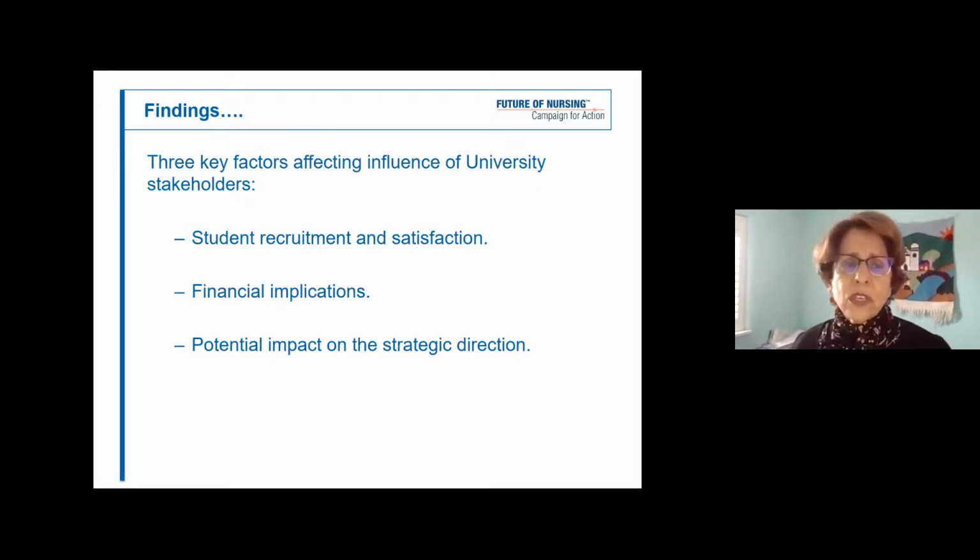And then there's also what is the impact on the strategic direction of which way the university or a health sciences center is leaning? As you all, I'm sure, are aware, when you're doing your own colleges or schools of nursing strategic planning, you have to be in alignment with either your health sciences center and or the university. So that again brings in those stakeholders.